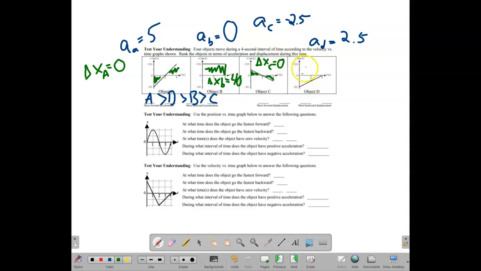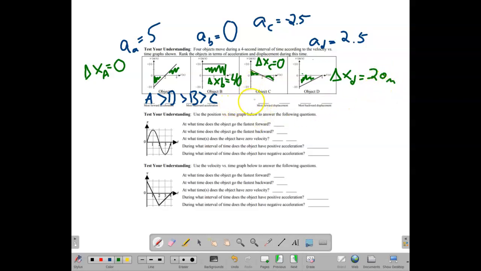Now on to the last one, base times height, half of that. We're going up 10 and multiplied by 4, length times width. 10 times 4 is 40, half of that is 20. But we're in negative world here, so our displacement for D is negative 20 meters.